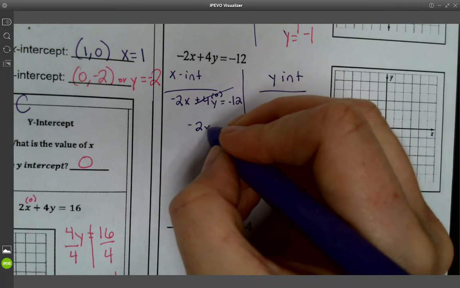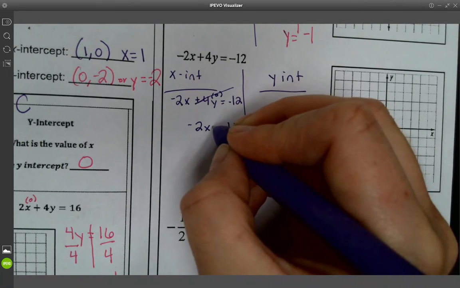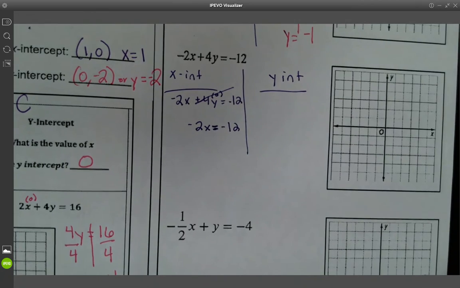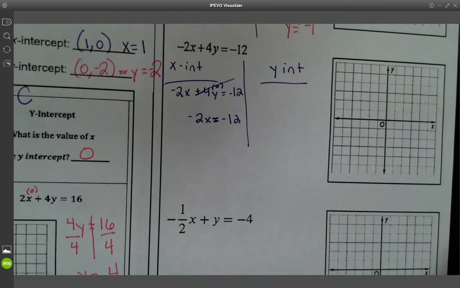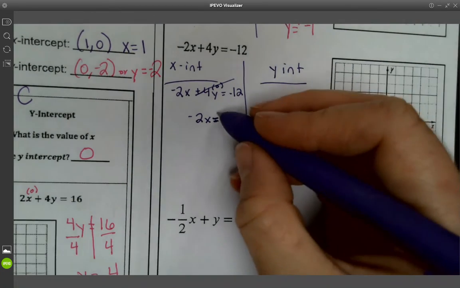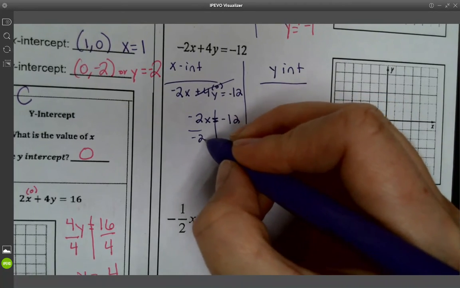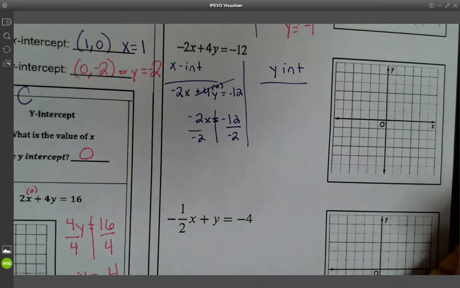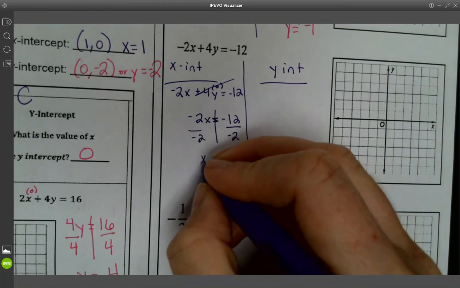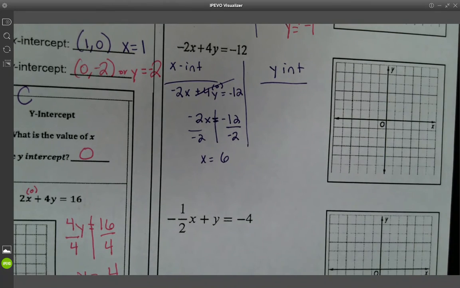I get negative 2x equals negative 12. Solving for x, so divide by a negative 2, negative 2. So x equals 6.